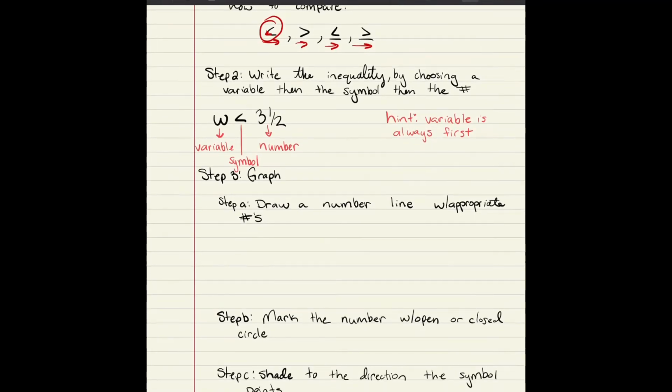All right, step 3 is to graph. So we have some steps within our step. Step A is to draw a number line with appropriate numbers. So in this example, 3.5 is what we're comparing, I don't need to have 20 over here. I don't have to have negative 100, right?